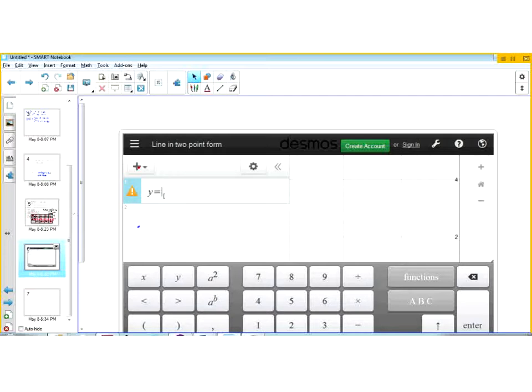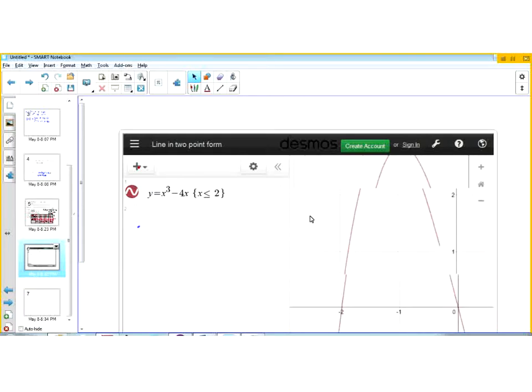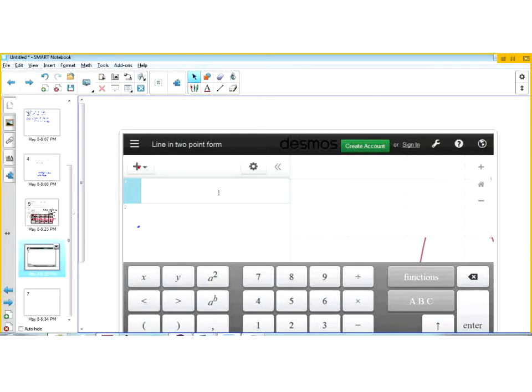Try it again. y is equal to x cubed minus 4x with x less than or equal to 2. Okay. It's drawing the whole graph now, interestingly enough.